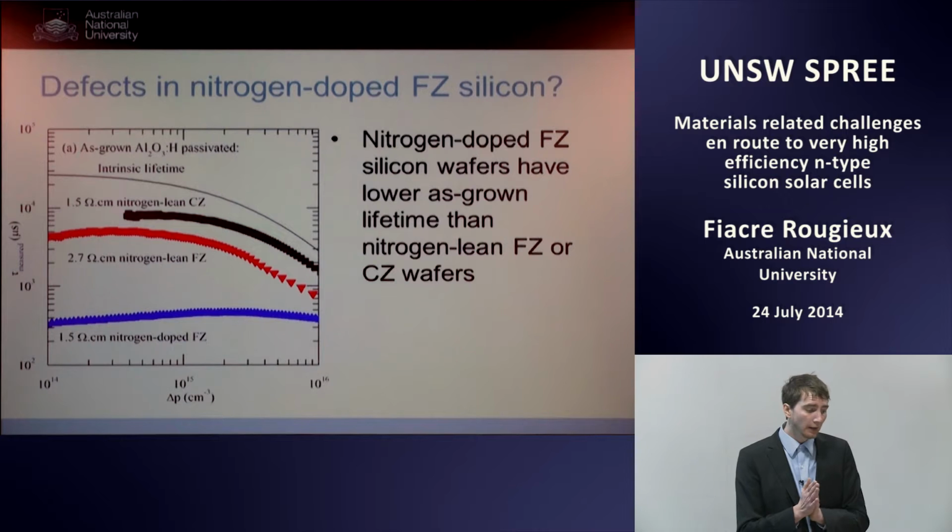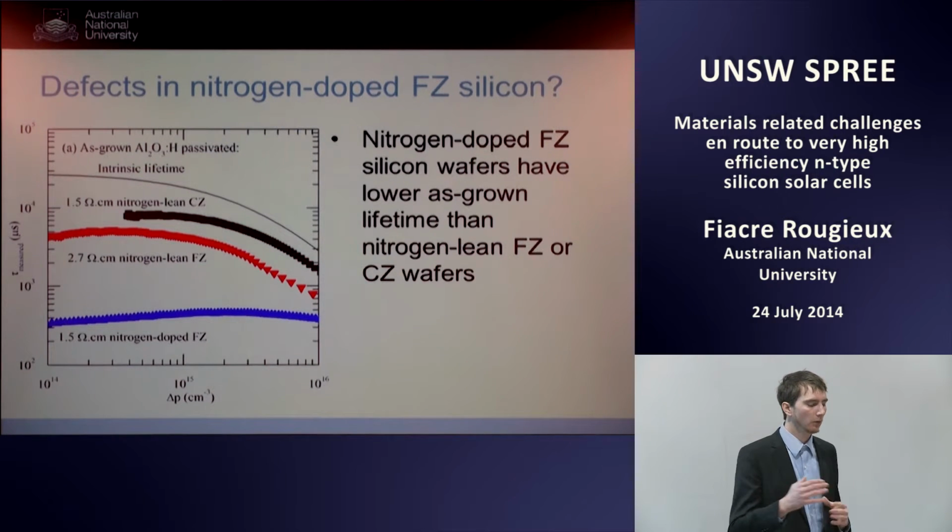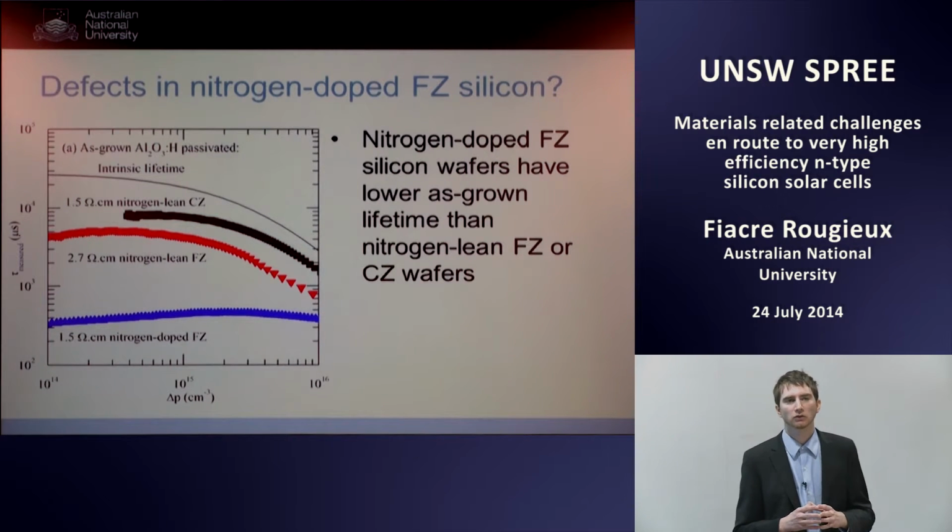And what we found is that the lifetime is clearly lower, around 300 microseconds in the nitrogen-doped float zone silicon, whereas it's around 4 milliseconds for the nitrogen-lean float zone or for the CZ silicon.